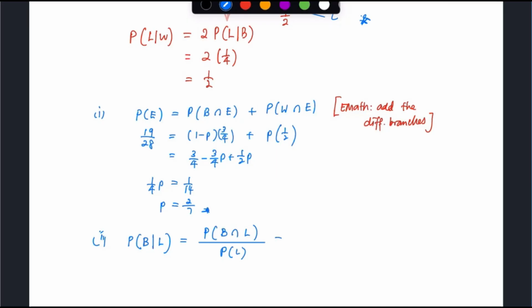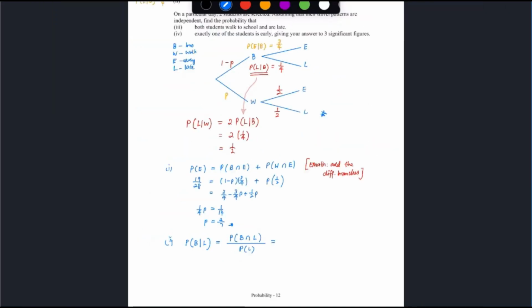So what is the probability that she will take the bus and be late, which is over here? Take the bus and be late, right? So 1 minus P times 1 over 4.